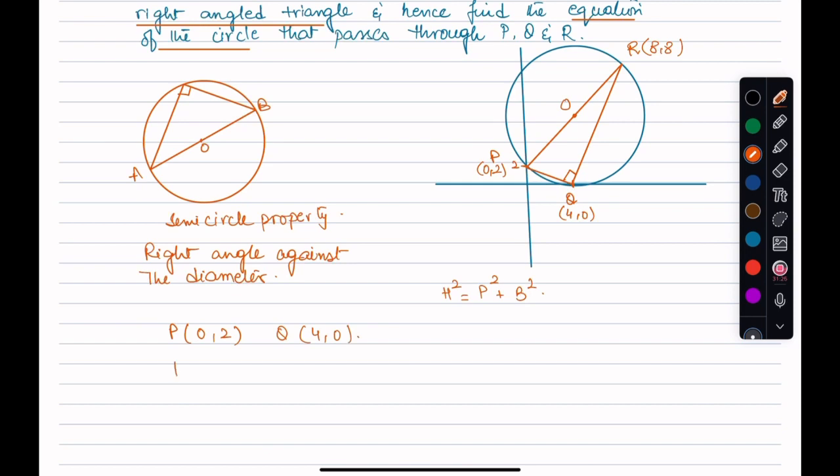To find the distance PQ, it is going to be the square root of (0 minus 4) squared plus (2 minus 0) squared, and this PQ is then equal to the square root of 16 plus 2 squared, which gives me 4, and this value is 20 here. So PQ is going to be root 20.